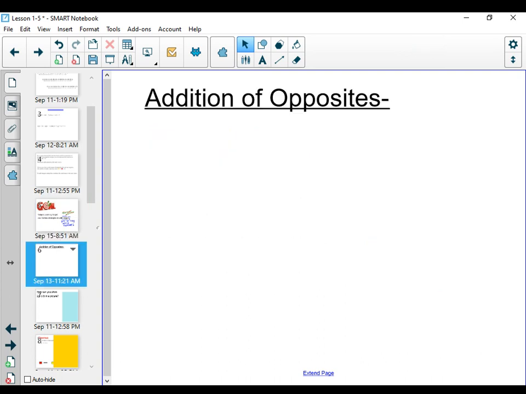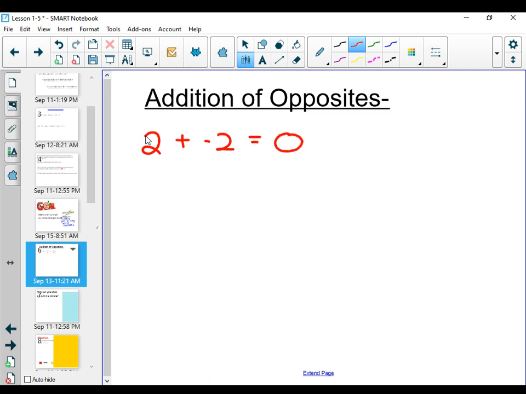The first thing we need to know is this topic called addition of opposites. Adding opposites always results in a zero. If I have positive 2 and negative 2, I get 0.